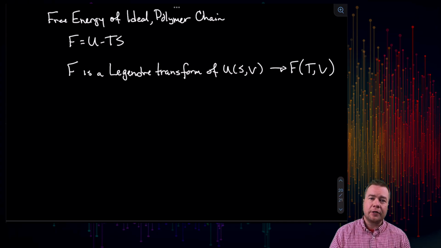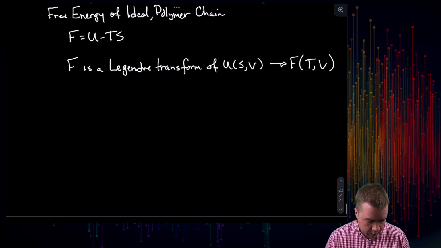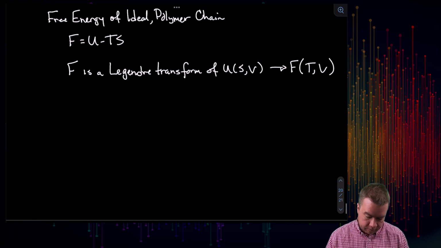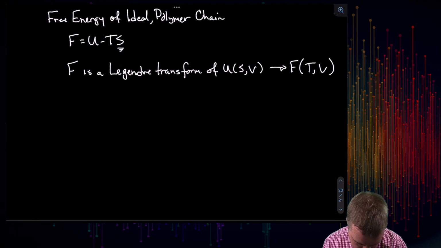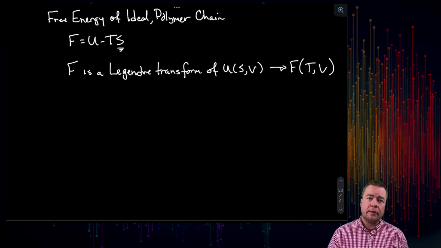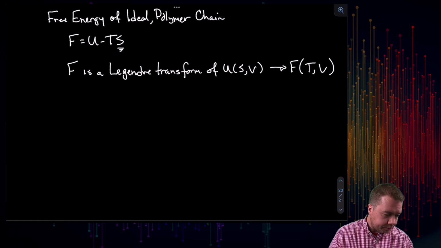Okay, and so that's why we subtract off the Ts. So what we need to figure out is, what is the entropy of an ideal polymer chain?